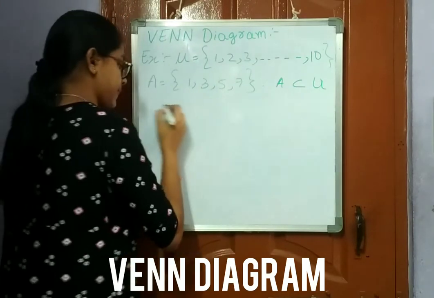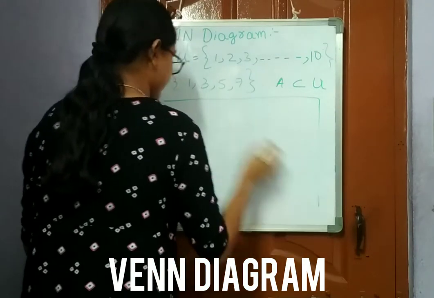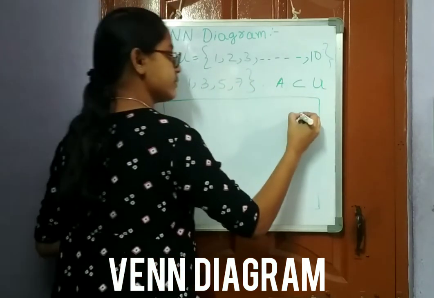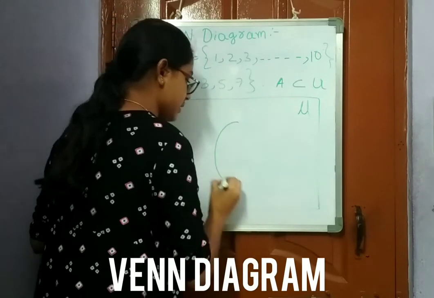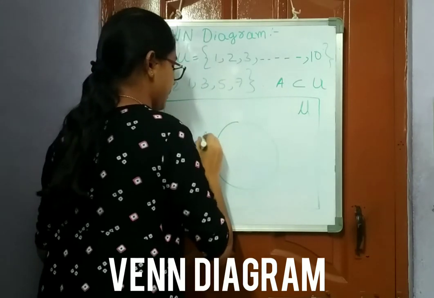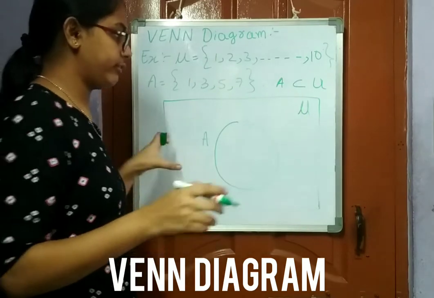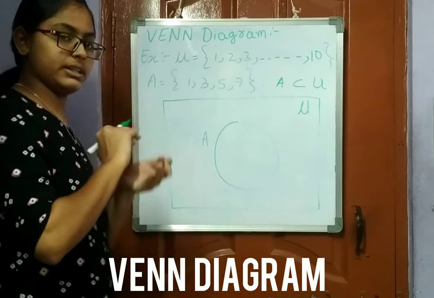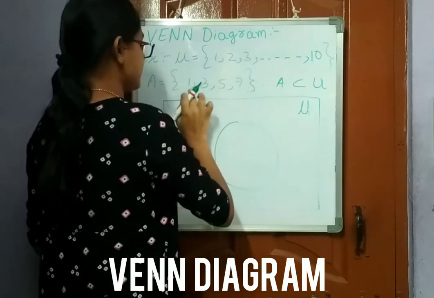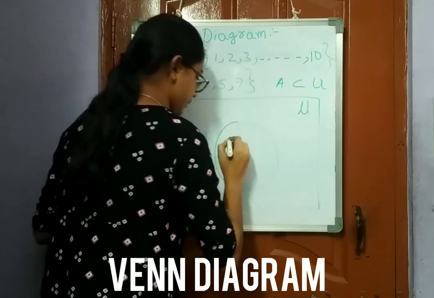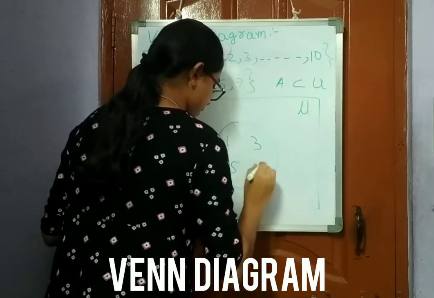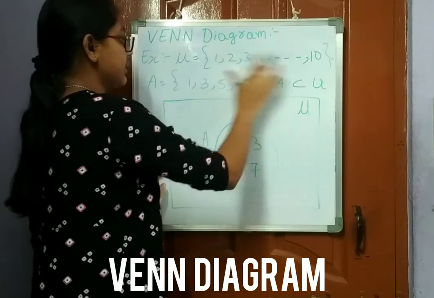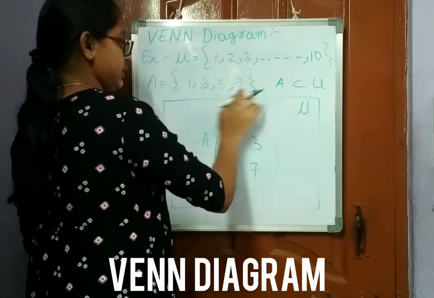For the Venn diagram, all we have to do is, first we draw an outline rectangle, and this will be U, and take a circle for A. As A is a subset of U, this border will be U and this is A. A comes under U. Now, as we have A as 1, 3, 5 and 7, these will be in the part of A. The remaining numbers we can write in the other space.